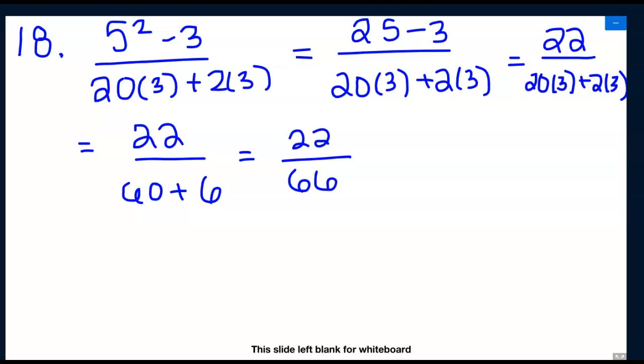22 over 66 can be reduced. Both of those divide by 2. So you get 11 over 33. But wait, that simplifies, which means on my last step, I didn't divide by the highest number.